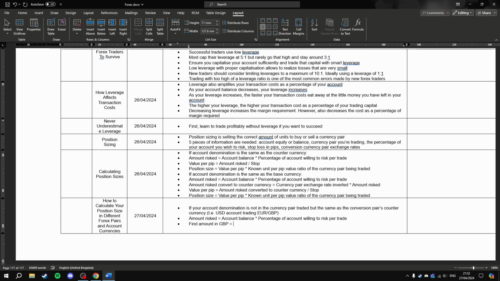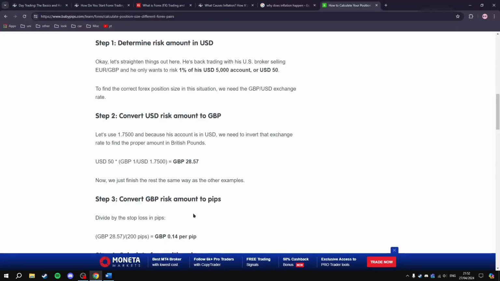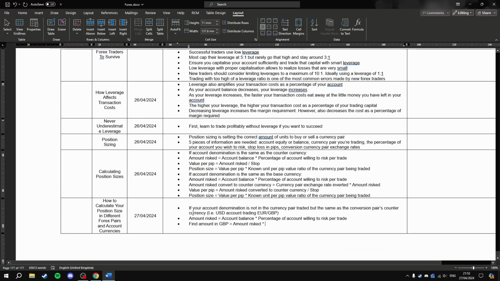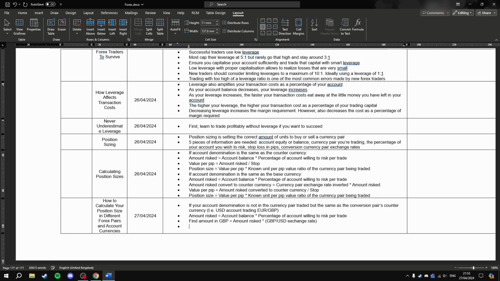So find amount in GBP, which is equal to amount risked times the GBP USD exchange rate, inverted.